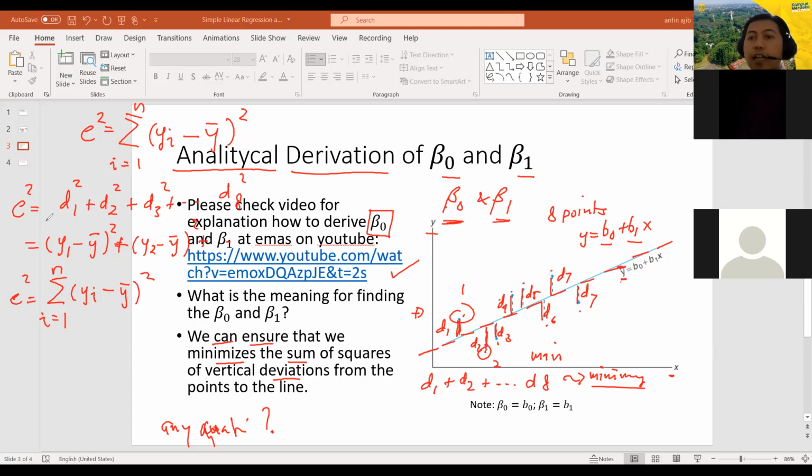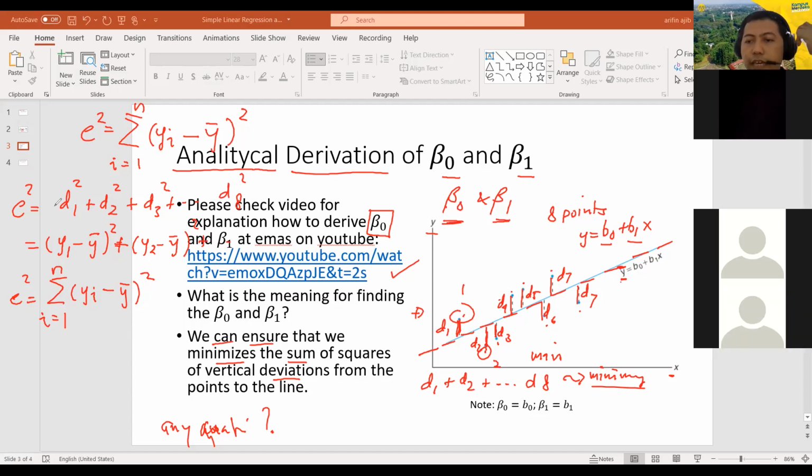This is the meaning of error or deviations. Okay, until this point, are you clear? Yes, sir.